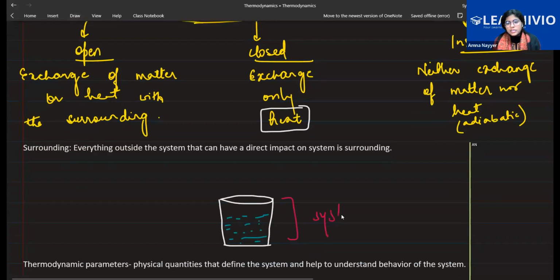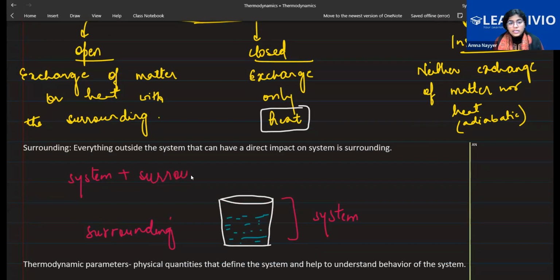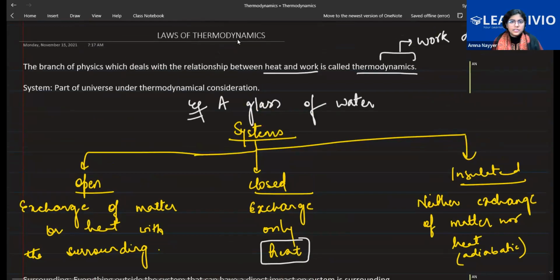The rest of the things which are present will be a part of the surrounding. So I can say my system plus the surrounding make up the universe. Okay, the whole universe. I'll write it till here, then I'll discuss further things.